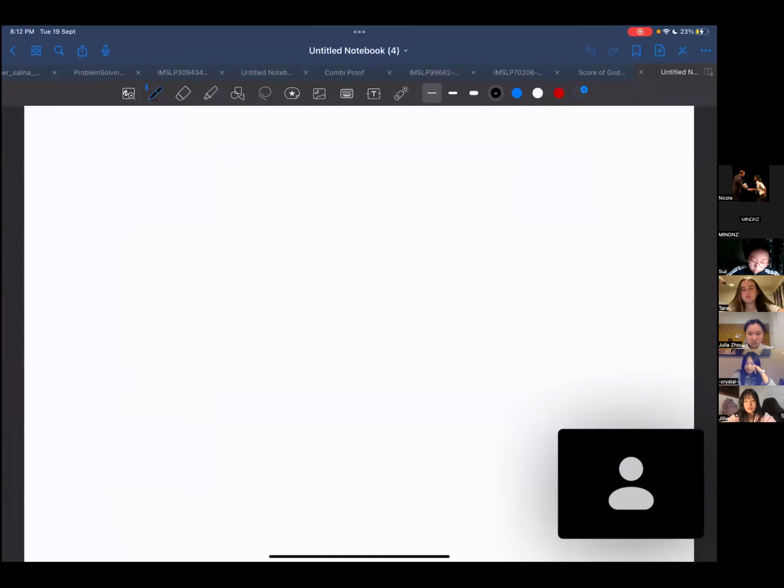So we have A is congruent to B for some mod M. Here, we need to note what each of these terms mean. Just checking, can everyone hear me? Okay, awesome. M is the modulus.